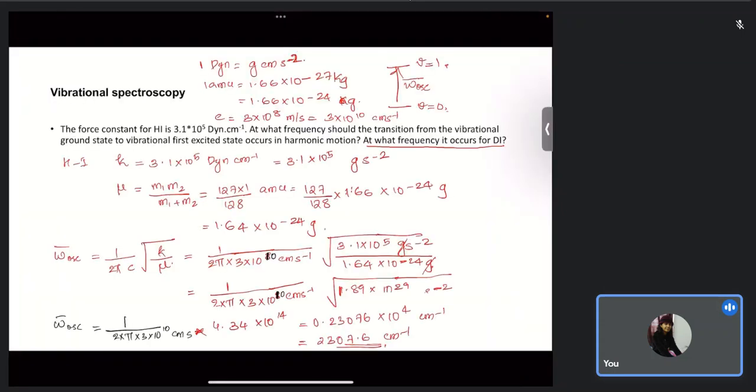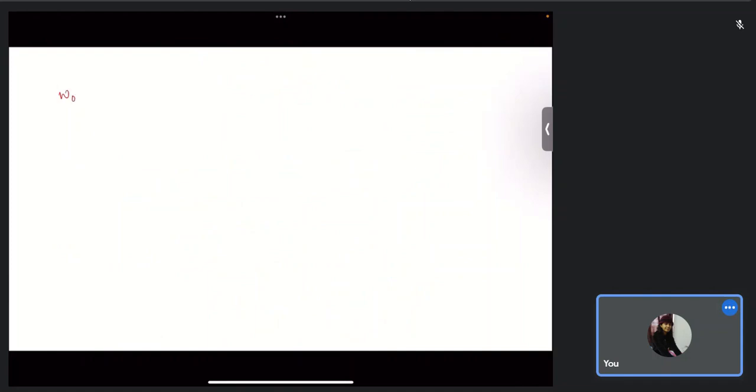So we know that omega bar OSC is equal to 1 by 2 pi c root of k by mu. Between HI and DI, we are assuming k doesn't change, because in general the electronic environment is going to be similar, which actually determines the bond strength.